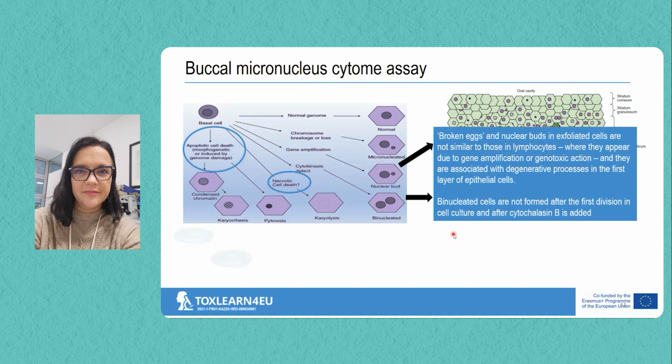But here, you can measure early apoptotic cell effect and late apoptotic cell effect. You can see how those structures look in the nucleus of those cells in the buccal micronucleus cytome assay. And you can measure the early necrosis in the shape of pyknotic cells and late necrosis. This is a cell that doesn't have a nucleus anymore, but it looks like a ghost cell.